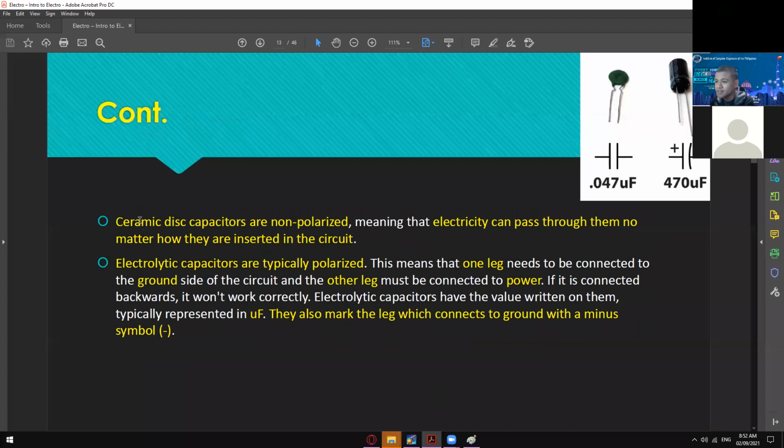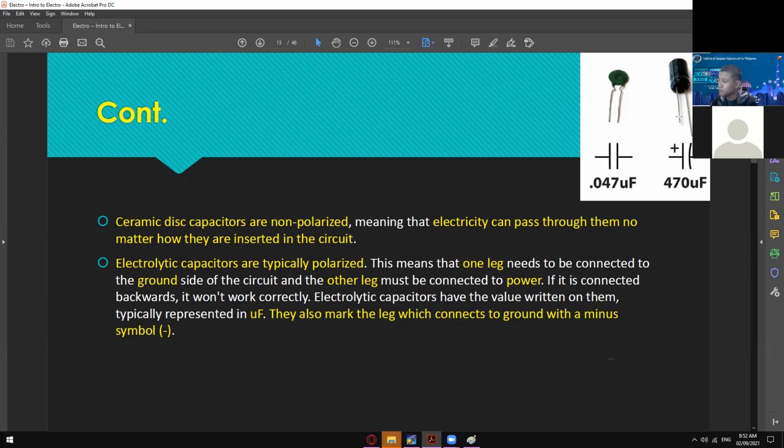So again, these are the types of capacitor. We have the ceramic disc and then the electrolytic capacitor. For you to be able to see if it's polarized or non-polarized, just take a look at the legs. If they're equal, meaning it's non-polarized, you can use any polarity that you want.